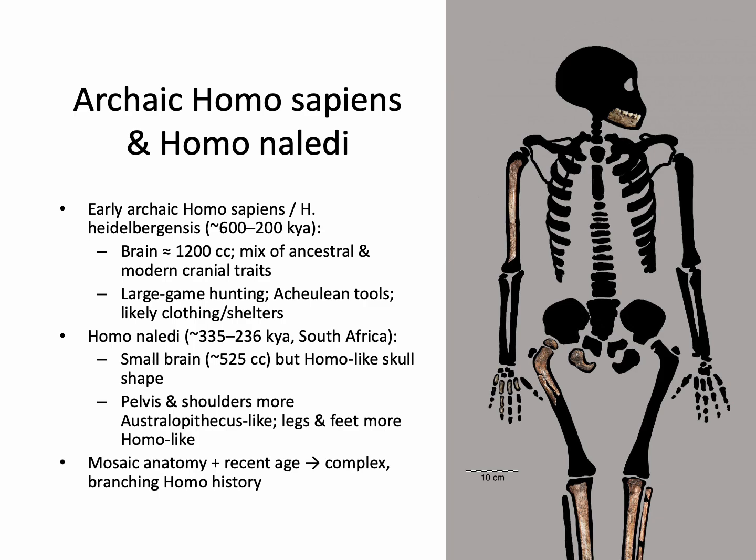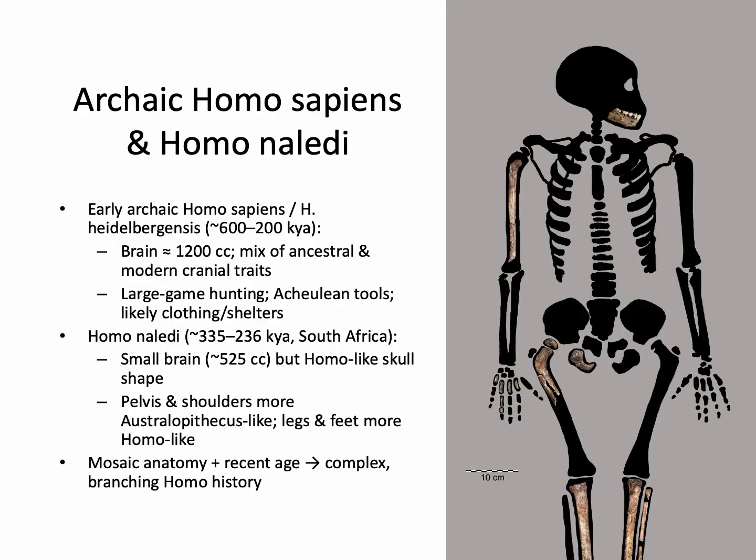These hominins appear roughly between 600,000 and 200,000 years ago in Africa, Europe, and Asia. Their brains are typically around 1,200 cubic centimeters, which falls at the lower end of the modern human range.